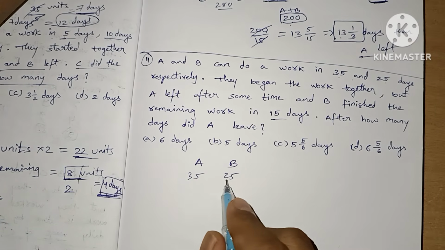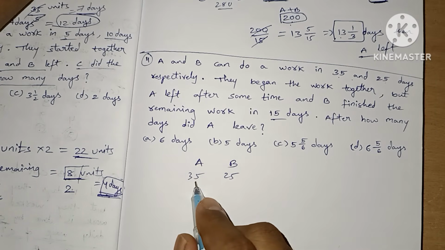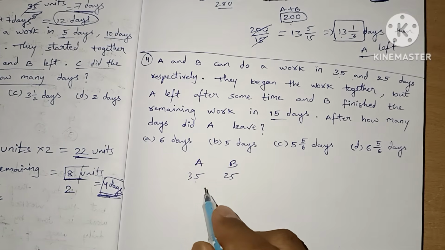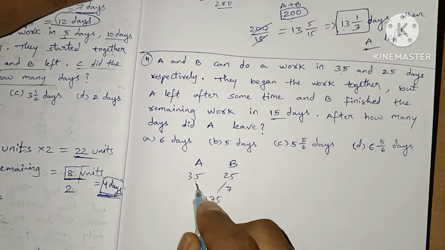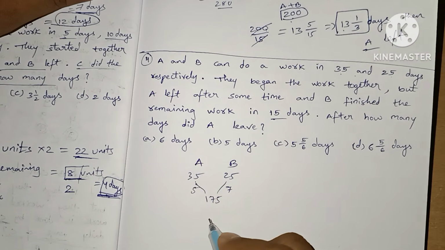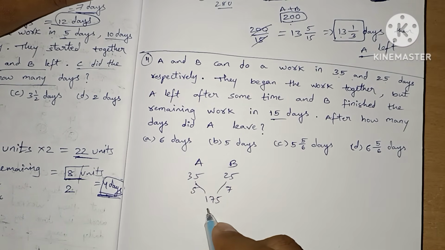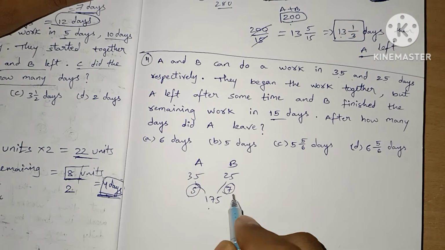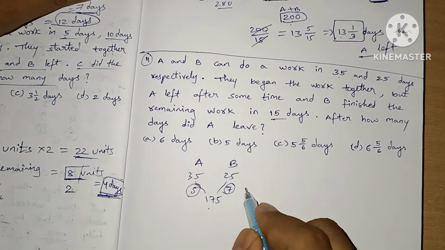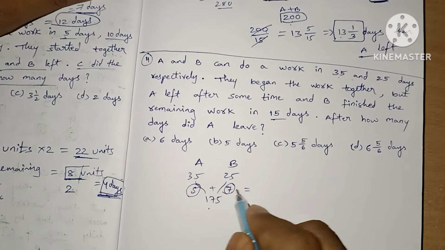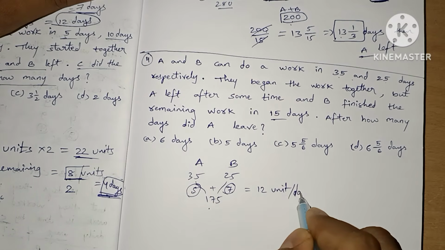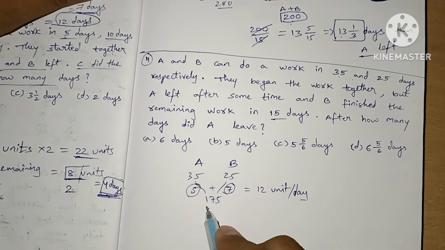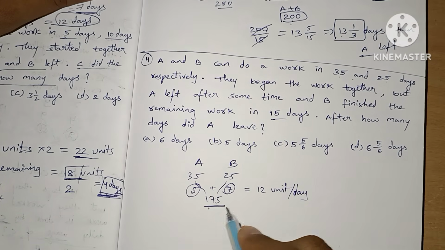The LCM of these two will be 175, 25 times 7, 35 times 5. Okay, this is the LCM. These are the efficiencies of A and B. Initially, they do 5 plus 7, 12 units per day. They need to complete 175 units.